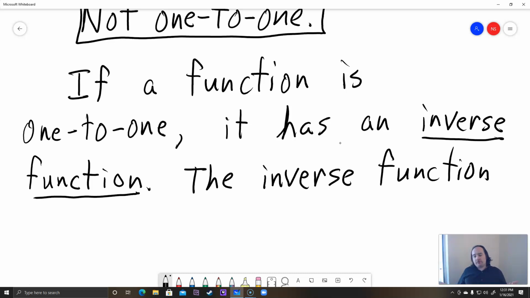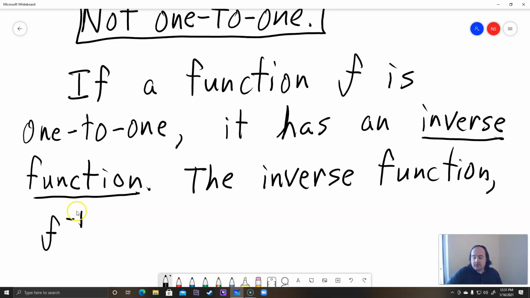So let's call our function f. Okay, so we're going to call our function f. So if a function f is 1-to-1, it has an inverse function. The inverse function, written f inverse. Now I say f inverse, but it actually looks like it says f to the -1 power. Okay, don't take the -1 power too literally.